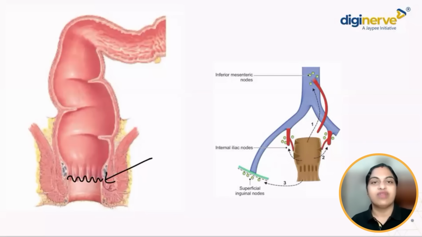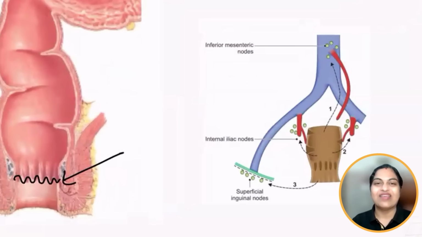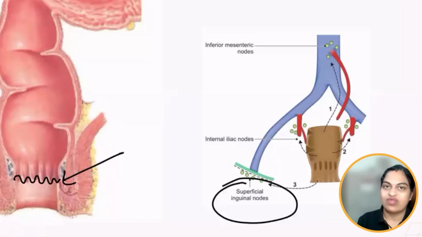And definitely you must have read that the development, the arterial supply, the venous drainage, the nerve supply, the lymphatic drainage above and below the pectinate line varies, right? So any lesion below the pectinate line, especially closer to the anal opening, we can expect enlargement of the superficial inguinal lymph nodes. Okay?